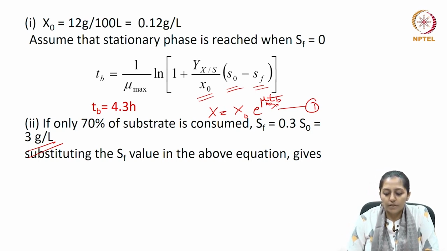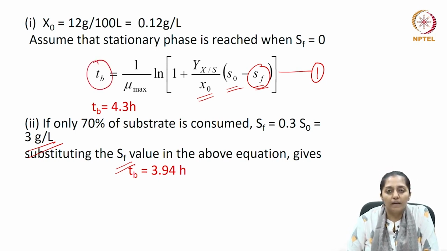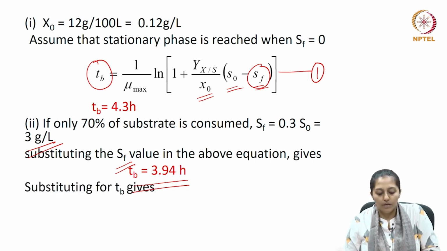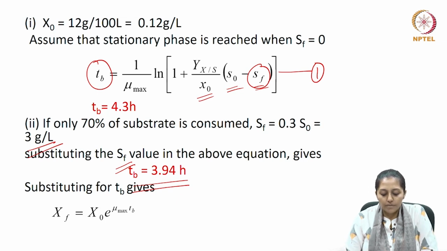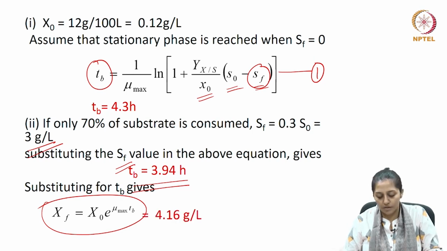Now, if you substitute this Sf value in the previous equation, you can calculate the time which will be required for 70% conversion of the substrate. Once you know that batch time for 70% conversion, you can then substitute in this equation and find the value of the final biomass concentration obtained, which is this value.